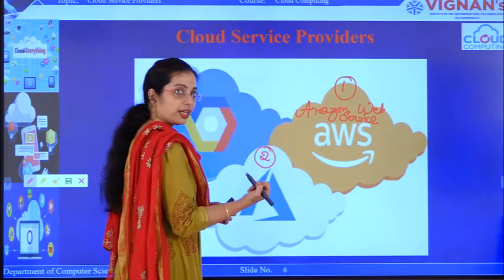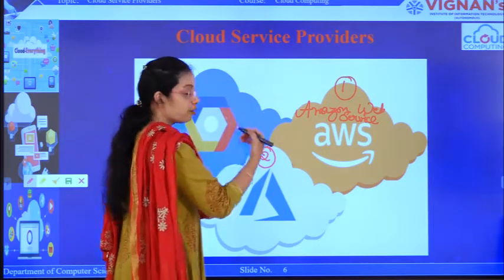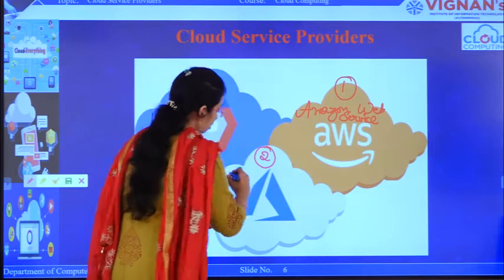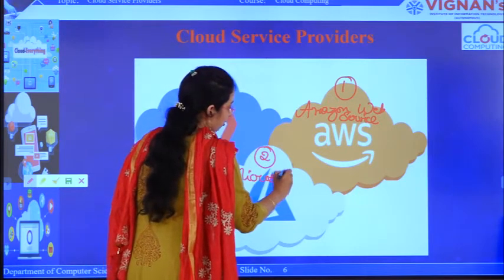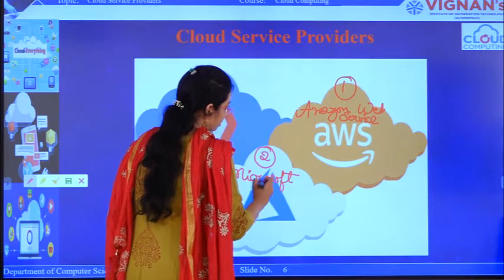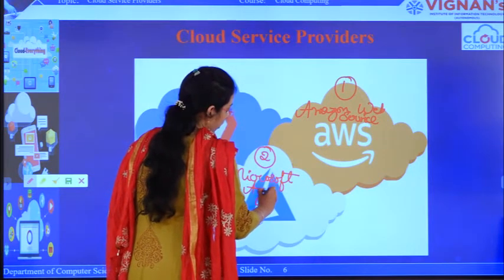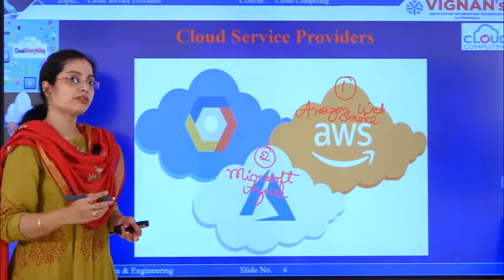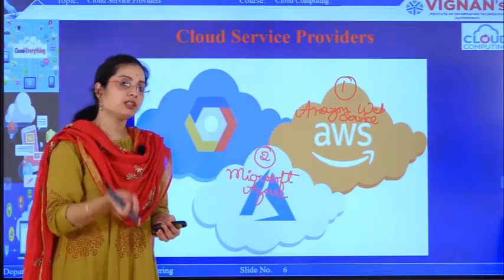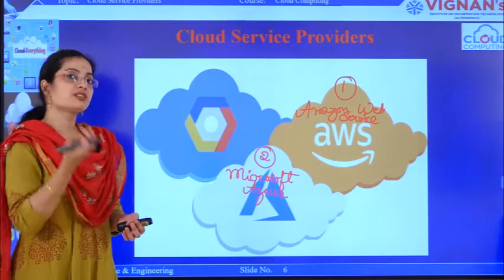The second service provider could be Microsoft Azure. Microsoft is also providing its service and letting users make use of it in different approaches, in the form of MS Office, Word, documentation and so on.